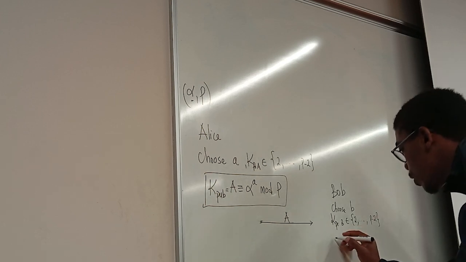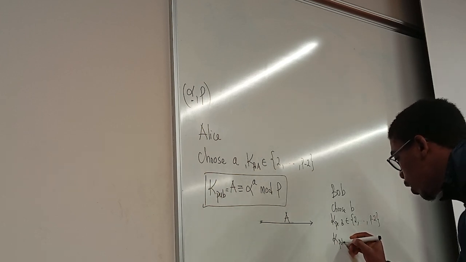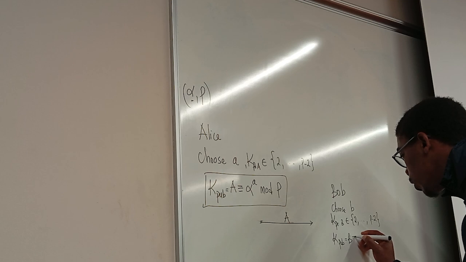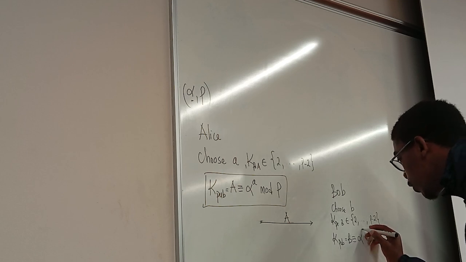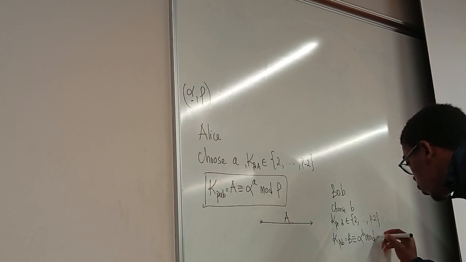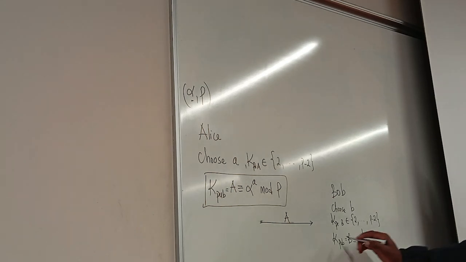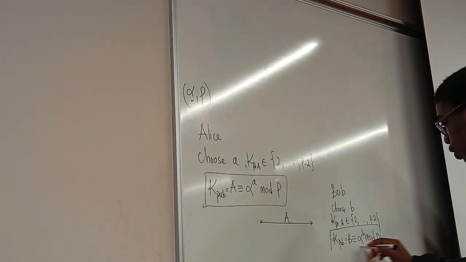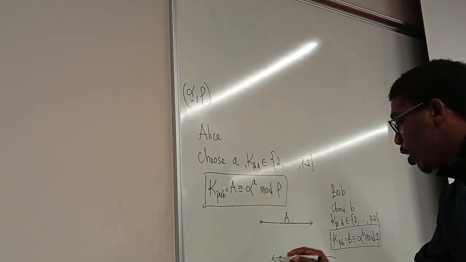Bob also computes his public key. So we're going to call this B, which is congruent to alpha to the power of B mod p. So Bob also does this. And Bob sends this to Alice.